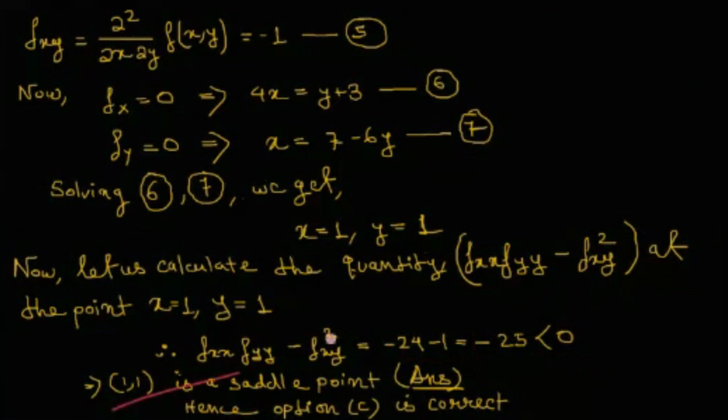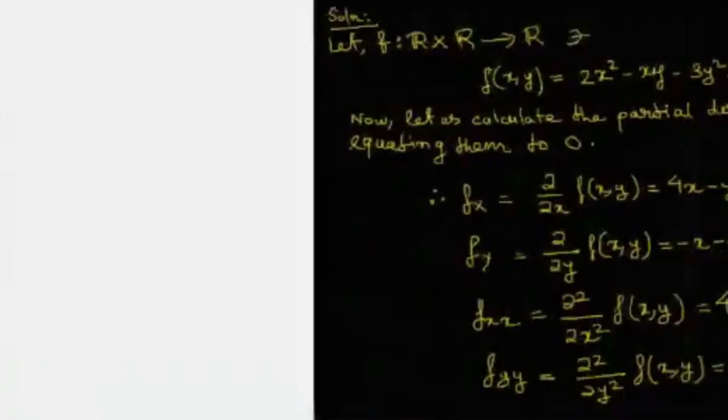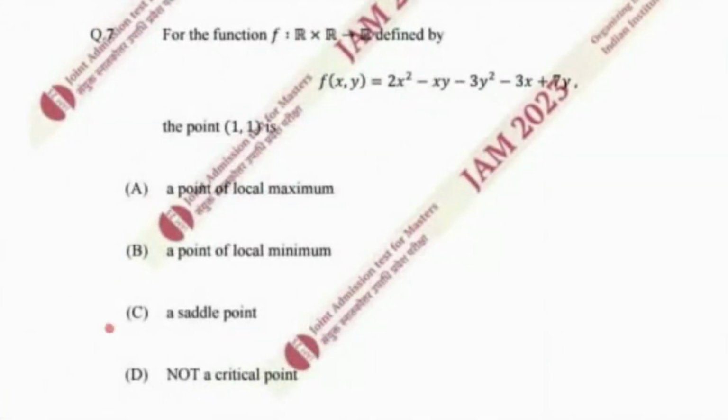Hence (1,1) has to be a saddle point, because if this quantity is less than 0, from our theory we know that it becomes a saddle point. Hence option C is correct in this case. Hence for this question our option C turns out to be correct.